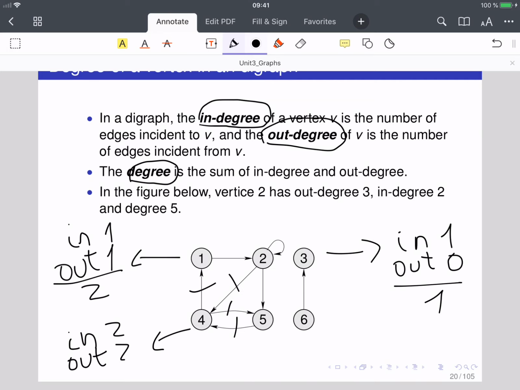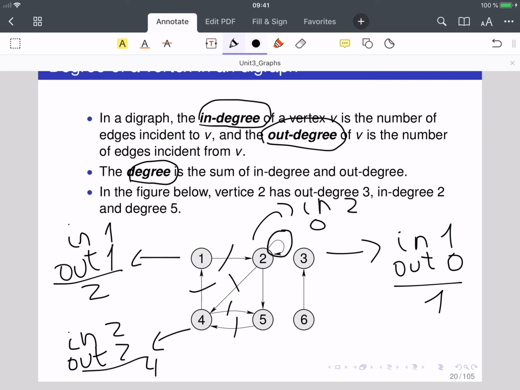And here 4 has degree 4 because it has 4 edges, 2 which are incident to it and 2 which are incident from it. Okay, notice for instance that vertex 2 has in degree 2 because we have one edge that comes from 1 to 2 and another one that comes from 2 to 2.